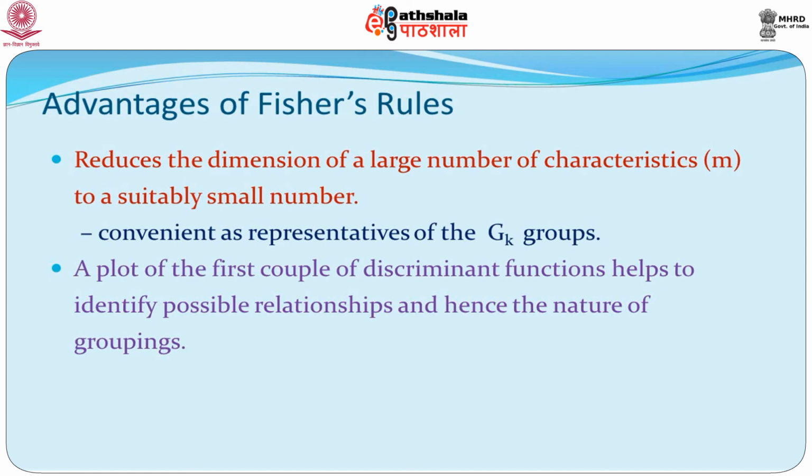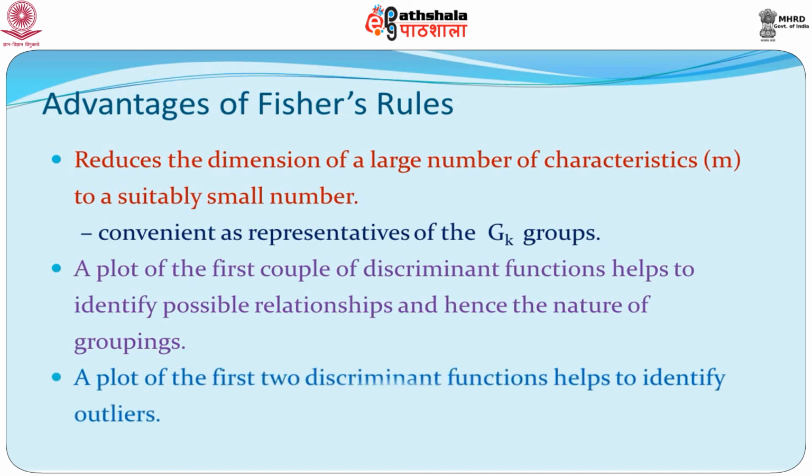You see, if you have m variables, you can't do a plot, but if you have just two variables to look at, the first two discriminants, then it is very easy to plot, and probably from the plot itself you can get the idea of what the separation might be. And finally, a plot of the first two discriminant functions very often helps us to identify outliers.